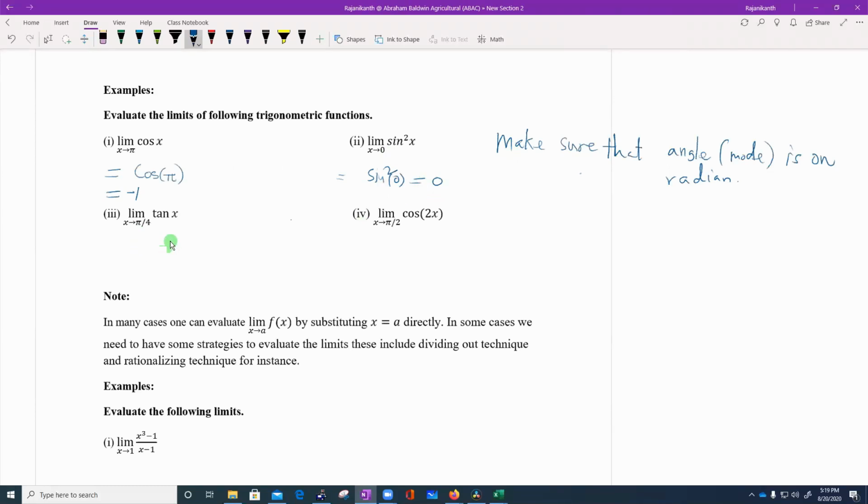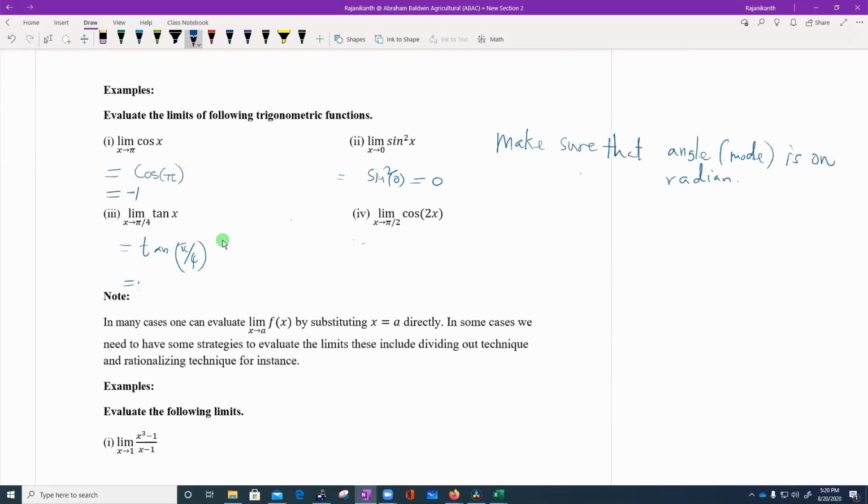So the next one is going to be tangent of pi over 4. What is tangent of pi over 4? Isn't that the sine of pi over 4 over the cosine of pi over 4? So that's square root of 2 over 2 over square root of 2 over 2, which is 1. Okay, good.